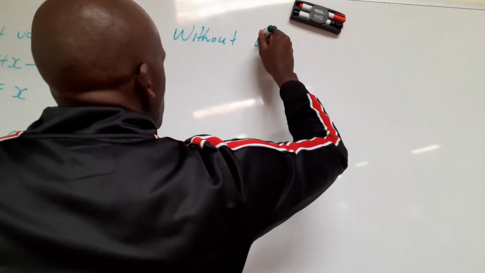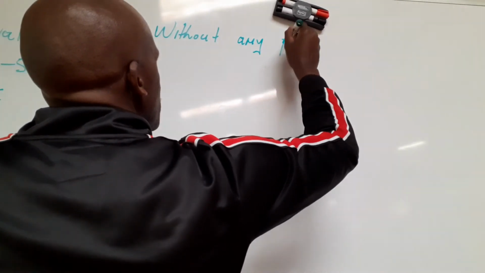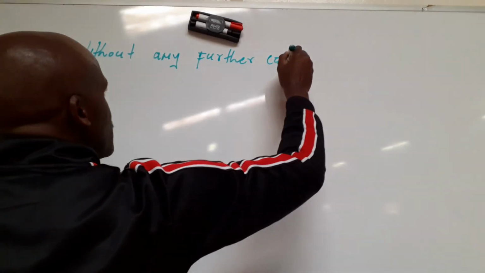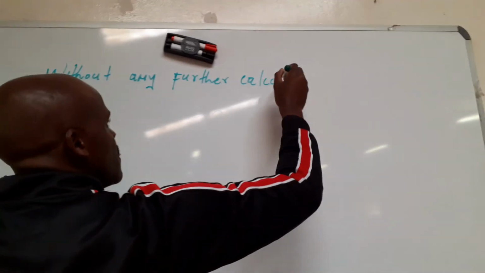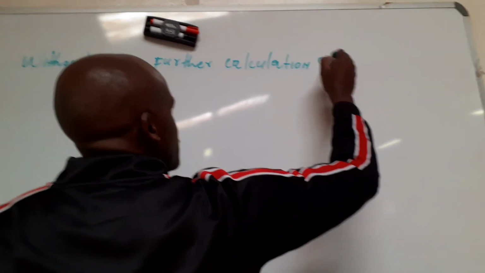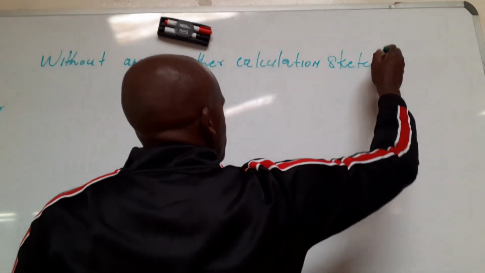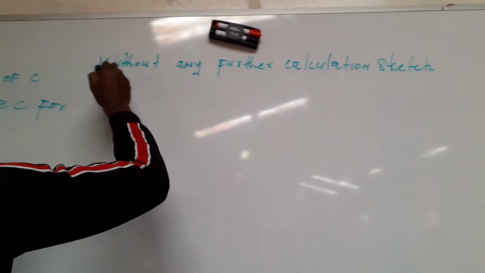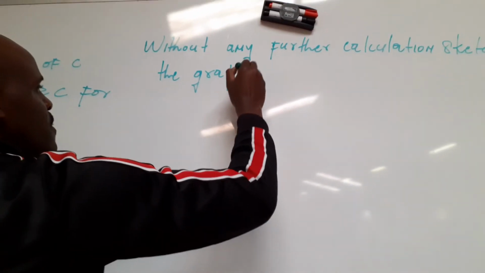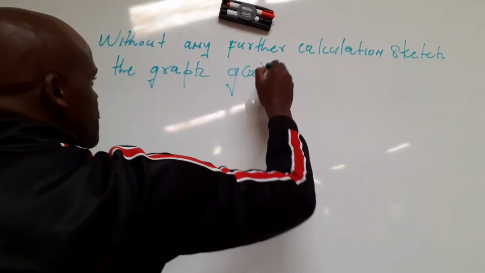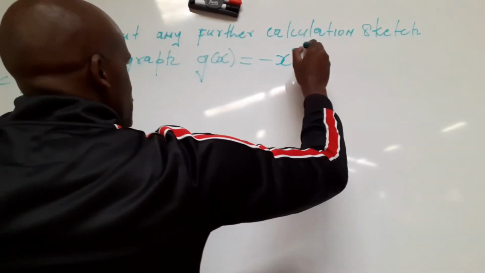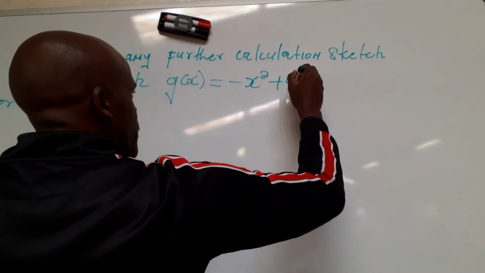Sketch the graph of g of x equals negative x squared plus 4x plus 5. We are to sketch this graph. So when you look at this graph, it's negative x squared plus 4x plus 5.